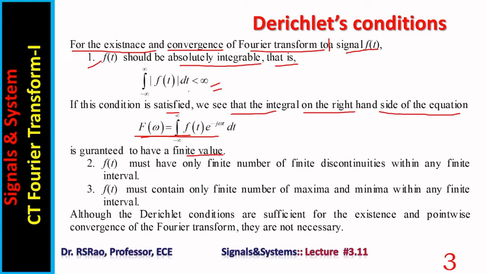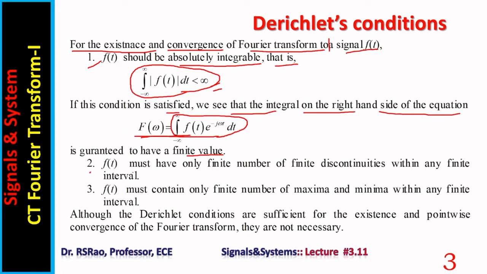What he is telling is, if f of t satisfies this relation, then the right hand side of this equation, it means this integral, is finite. Otherwise, it is infinite. When it is finite, then only F of omega carries meaning.